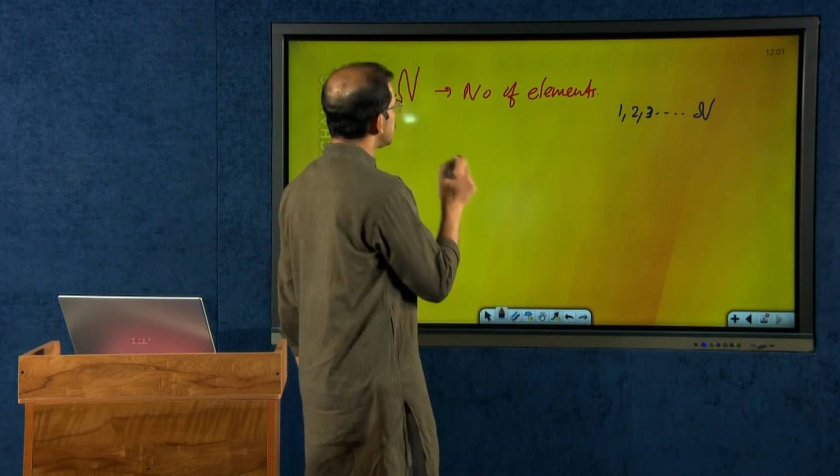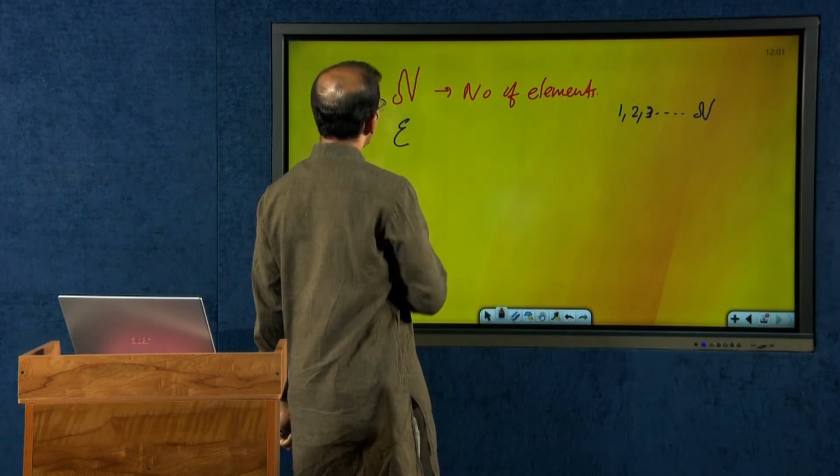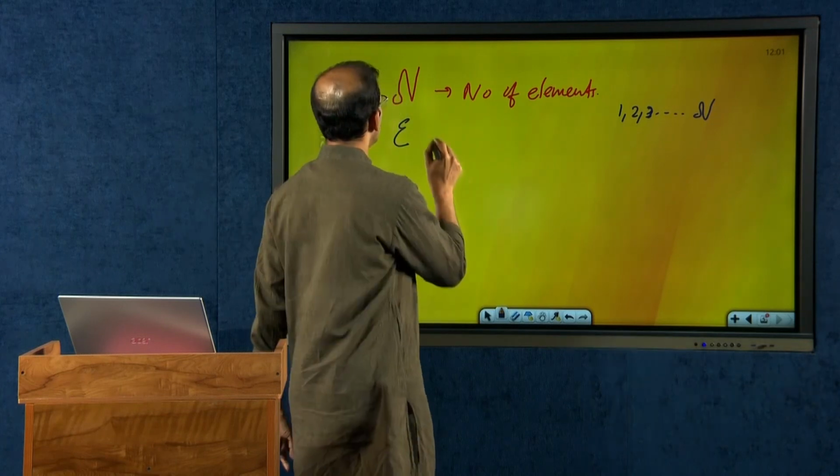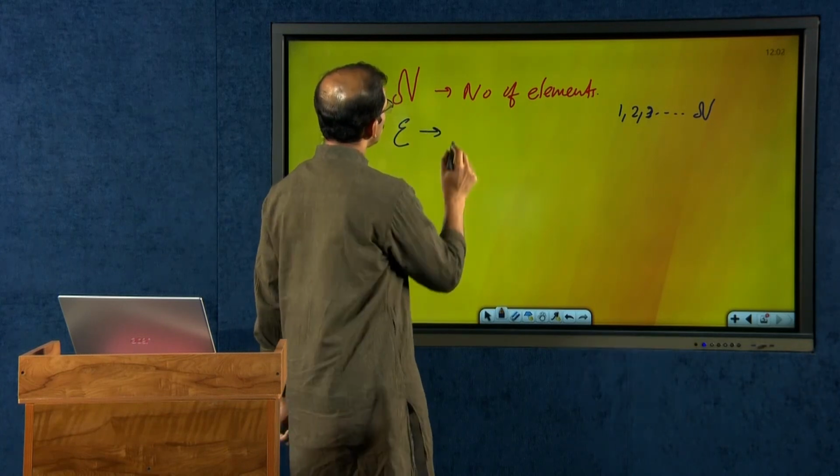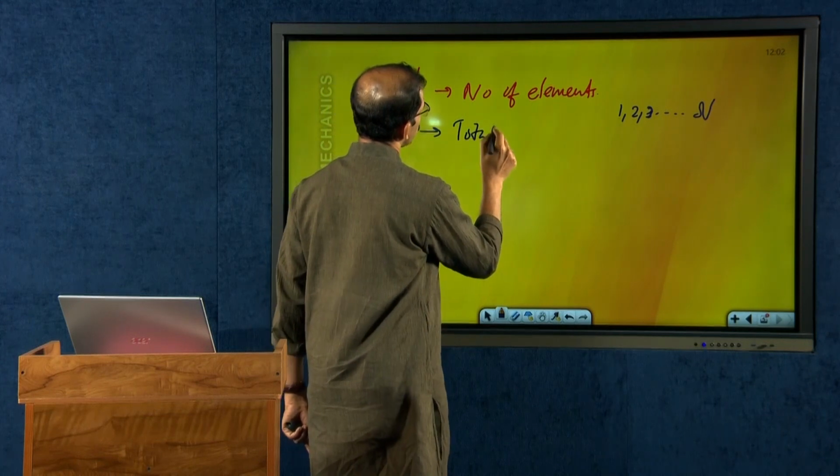And the total energy we call epsilon, or capital E, the total energy of the system.